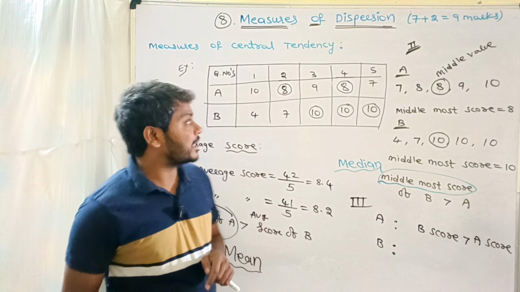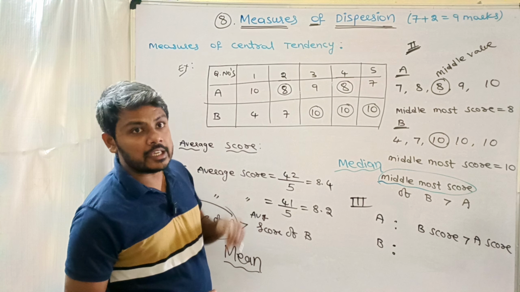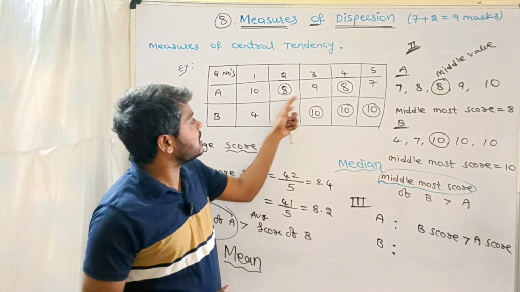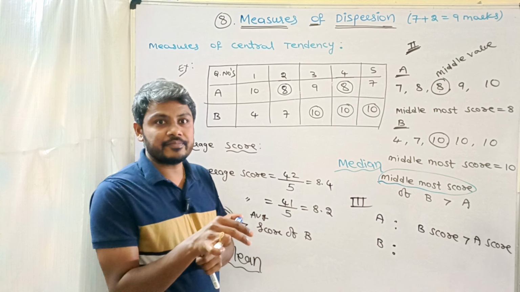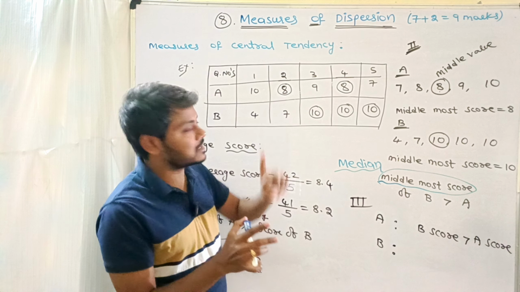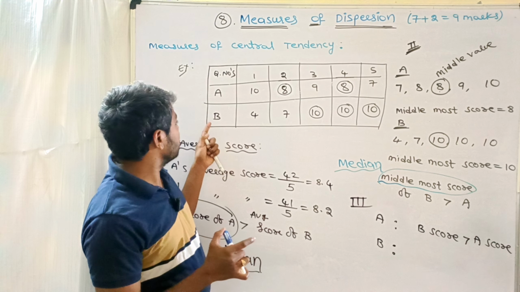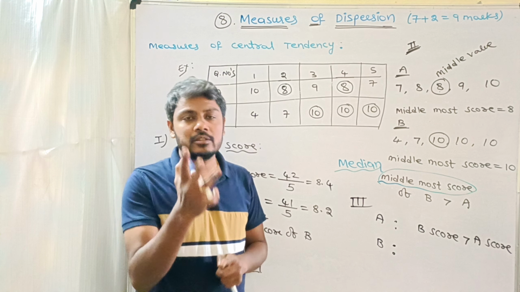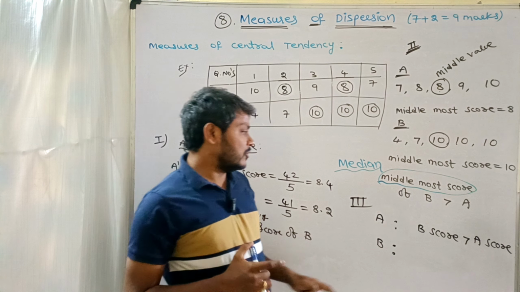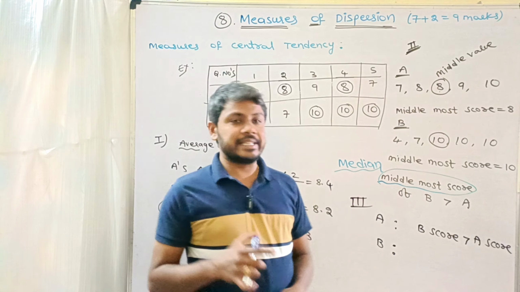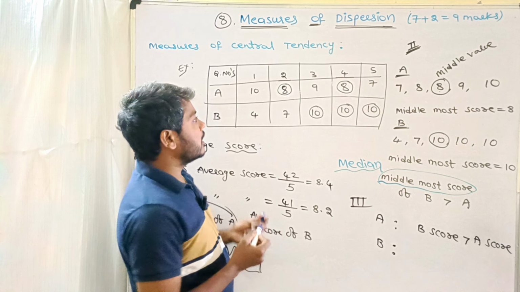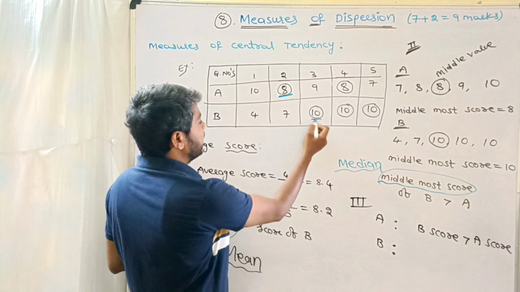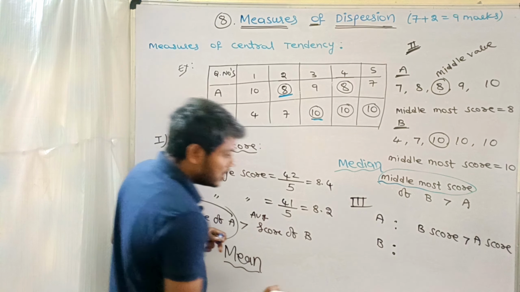See here in the third case, in the score of A, 10, 8, 9, 8, 7, 8 is repeated twice, but no other marks are repeated. But in the score of B, the marks 10 is repeated 3 times. So based on that, we can say that B score is greater than A score. Here, the number 8 is called mode. Here, the number 10 is called mode.